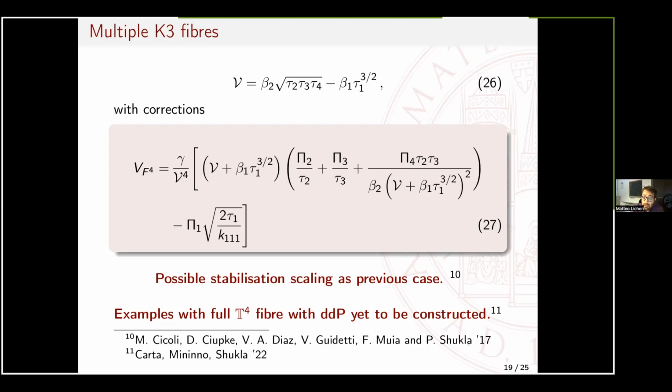And the possible stabilization will give us back the same scaling as we obtained in the single K3 fiber. However, examples with full T4 fiber for all these moduli, with also a diagonal del Pezzo to realize the LVS, are yet to be constructed. So this is still an open question in the literature.